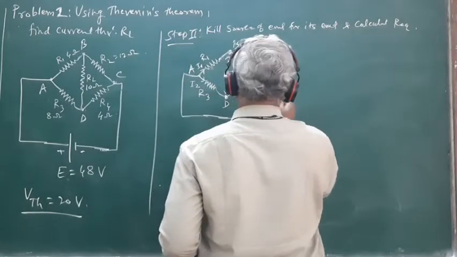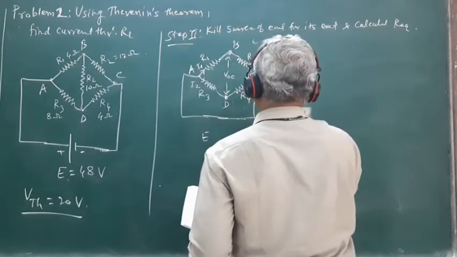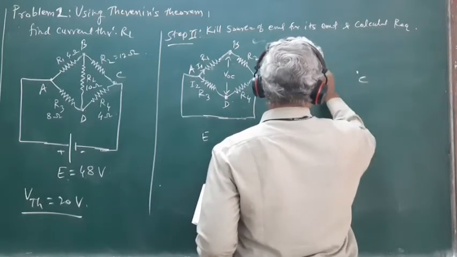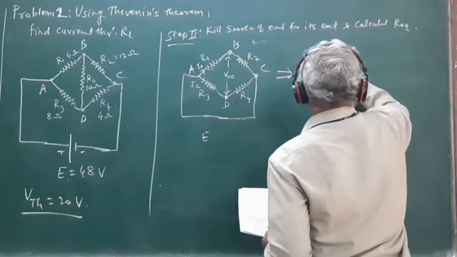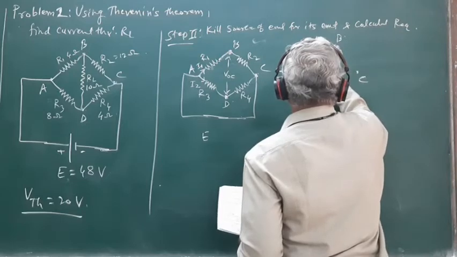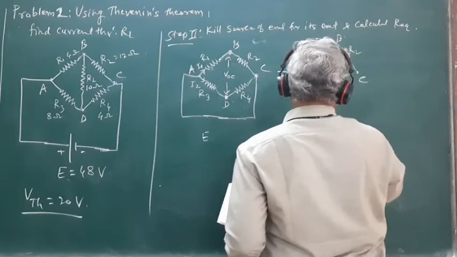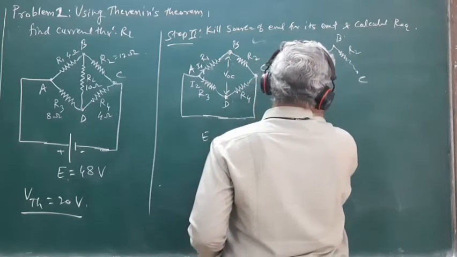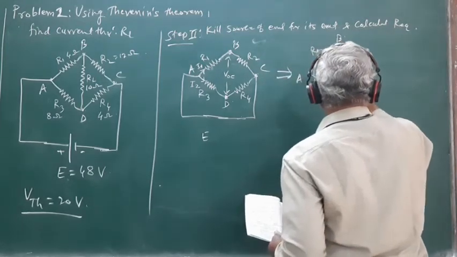Here we have a short circuit across A and C. So this is A and this is C, this is terminal B and this is D. Here we have the resistance R1, between B and C we have R2, between A and D we have R3, and between B and C we have R4.